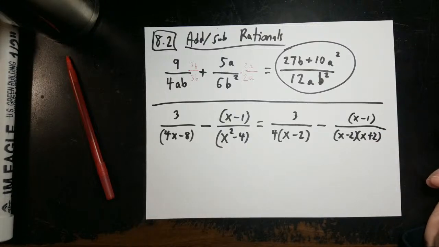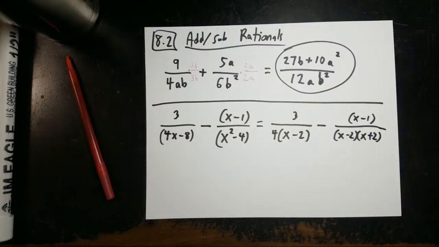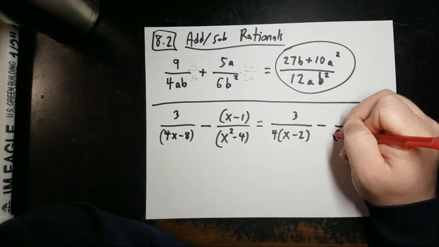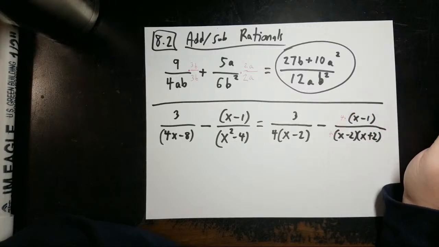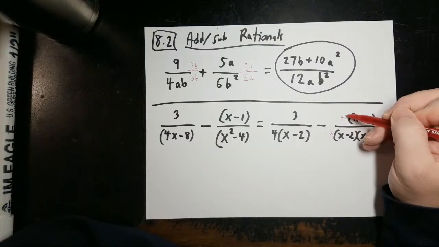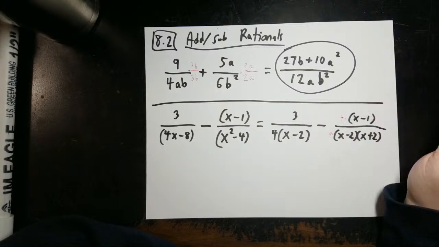Once I've done stuff like that, then I can begin to see, okay, what is each denominator missing? In the second fraction, the denominator's clearly missing a 4. I'm going to have to multiply the top and bottom of that by 4. And I'm writing that in red so you can see the discrepancy between the two. Now, when I eventually distribute that number, you got to keep in mind that that's a -4 that I'm going to be distributing.